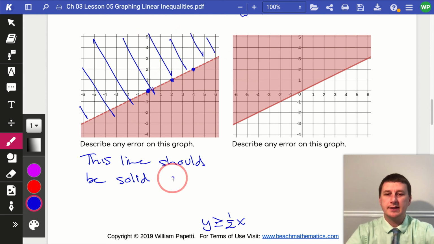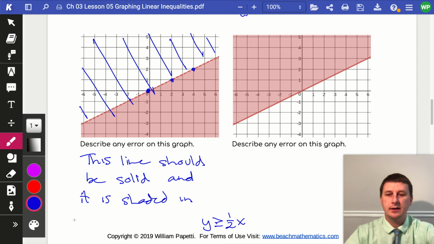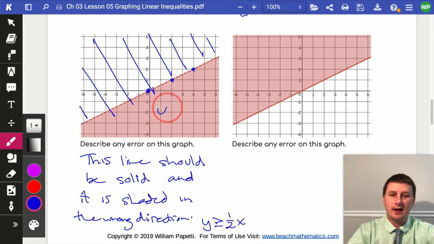It is shaded in the wrong direction. It should be shaded upward, but it's shaded downward. So this is the inequality of the graph y is less than 1/2 x.